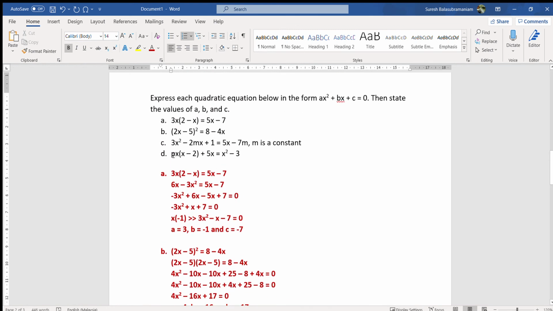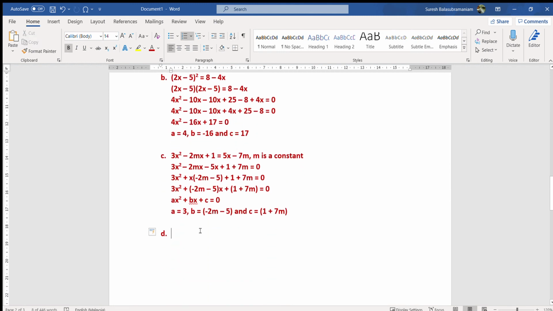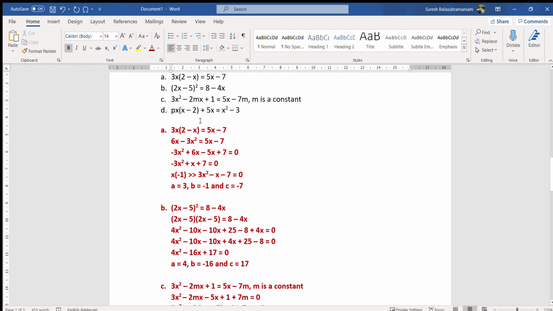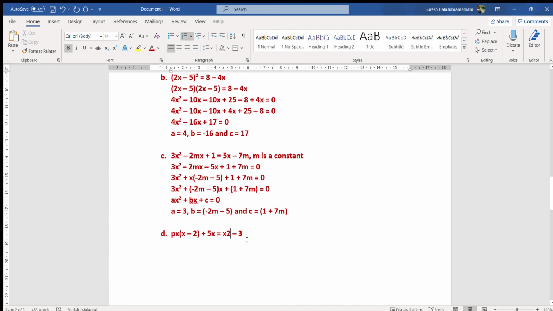Just copy and paste from here the question D. Okay, the question is px in bracket x minus 2 plus 5x equals to x square minus 3. So this is a square. Okay, try to solve this. We'll expand from left.